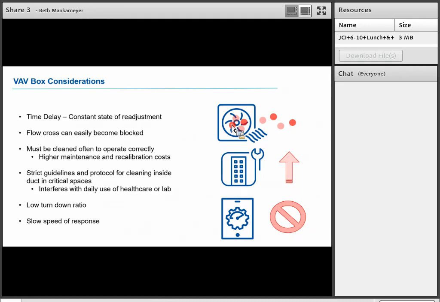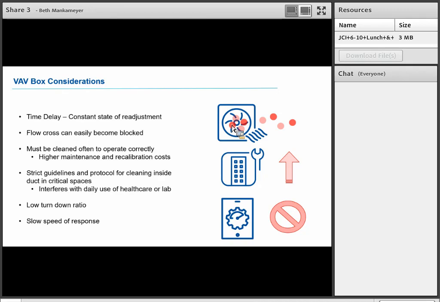And a real downside to that is when that gets blocked, the VAV box is not smart enough to think, you know, this is just debris getting in the way. That flow cross will get clogged up with dirt and debris, and what it'll think is that it's not getting enough air. So that blade is going to open to try and get more air, and then what you're left with is a really inefficient system.